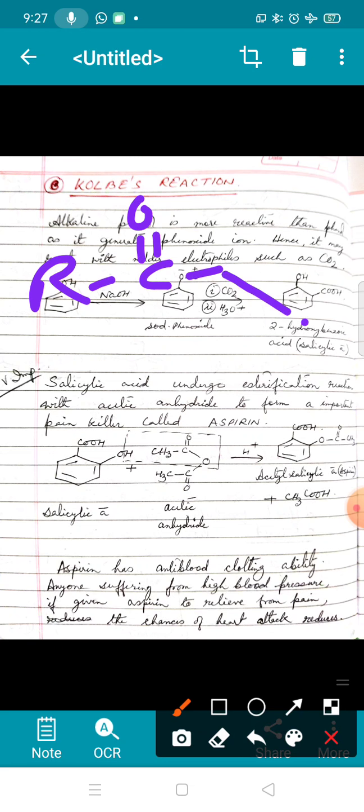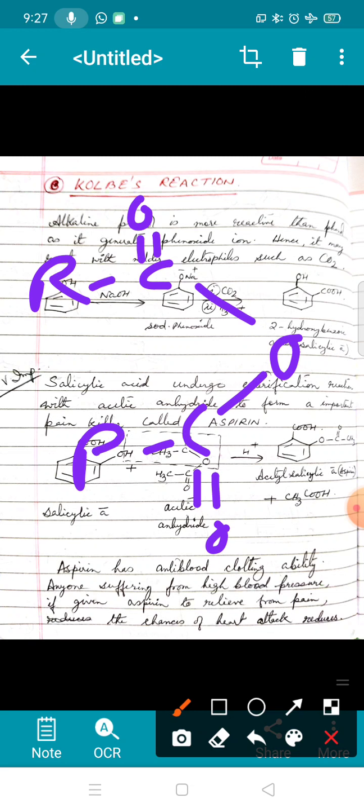And it's written like this. It can be written like this. If your R group is CH3, then we call it acetic anhydride.